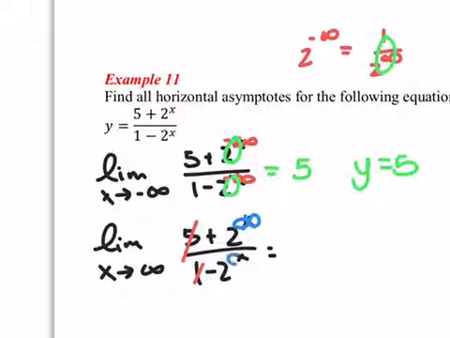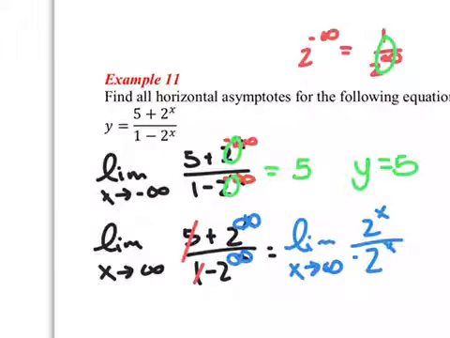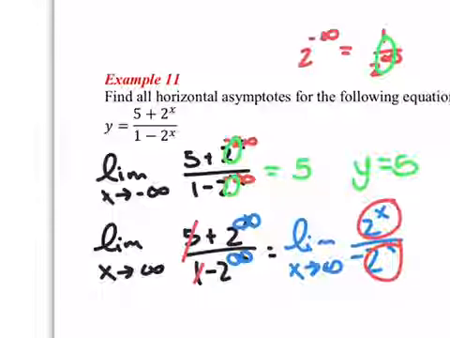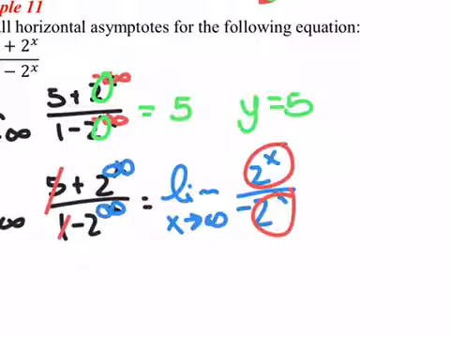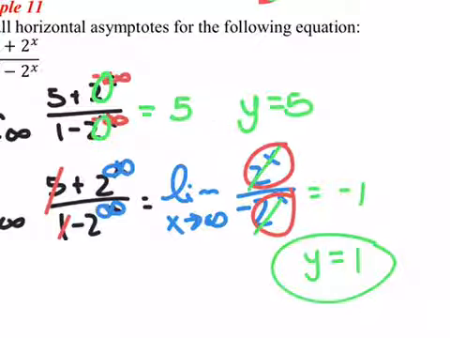As we go to infinity, basically what we're doing is taking the limit as x goes to infinity of 2 to the x over negative 2 to the x. So it looks like these two functions will act the same. They have the same power or strength in how they grow. So therefore we could say that this will approach negative 1. So our horizontal asymptote on the right side would be y equals negative 1.